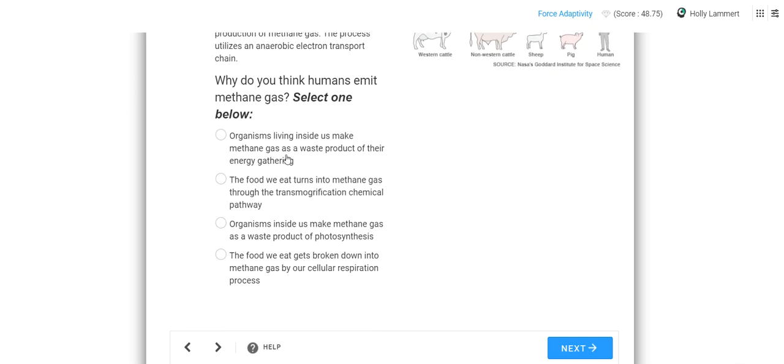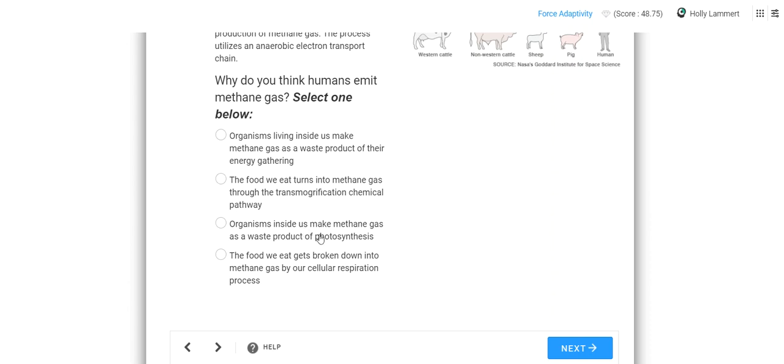Organisms living inside us make methane gas as waste products of their energy gathering. Is it that the food we eat turns into methane gas through the transmorgification chemical pathway? I have never heard that word before, so although it seems tempting, we're not going to select it. Organisms inside us make methane gas as a waste product of photosynthesis, or the food we get.